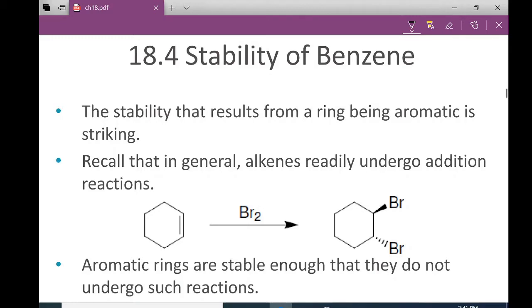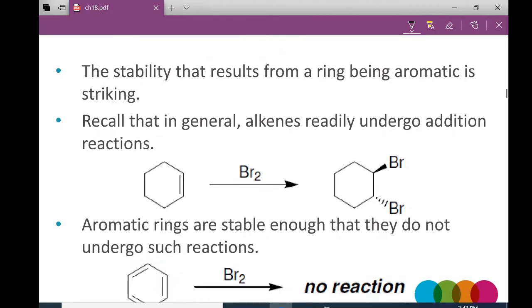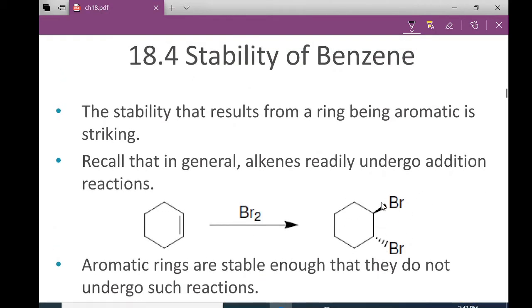So we can see the special stability that benzene has by comparing reactions that it can undergo with simple individual double bond compounds. So if you have something like cyclohexene, which you produced in lab this semester, actually that was last semester, right? Yep. So then cyclohexene can have bromine added across it in an anti conformation, right?